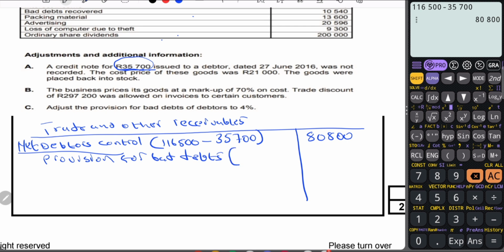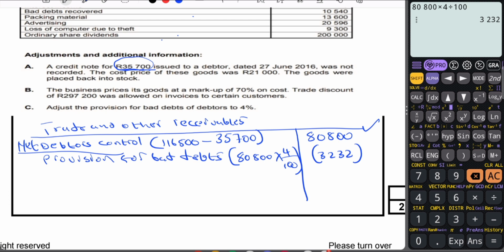We are going to calculate our provision for bad debt using the net trade debtors. It's gonna be 80,800 multiplied by 4 all over 100, close the bracket. Then our provision is 3,232.